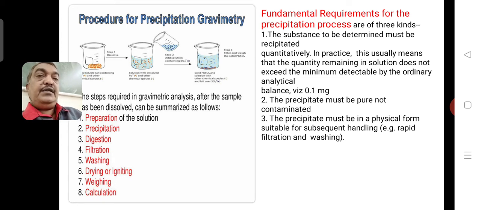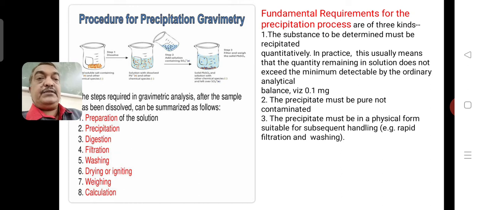You keep it heating for 10, 20 or 30 minutes depending upon the nature of the cation. You add alkaline or acidic conditions as per the nature of the solution. Then you heat it for 30 minutes.